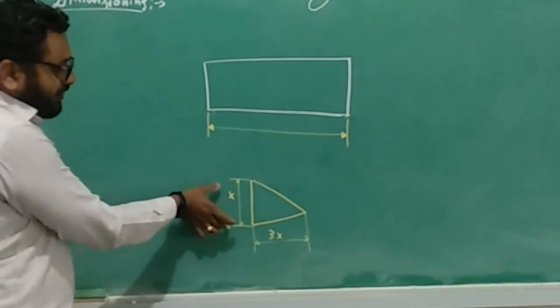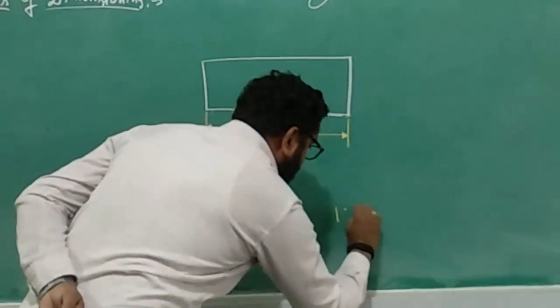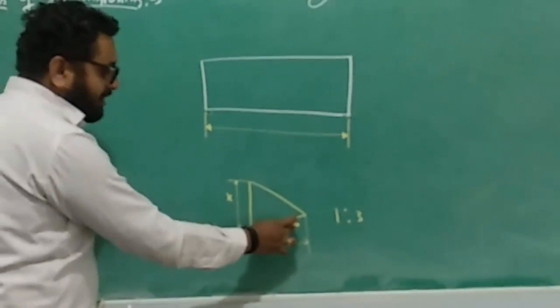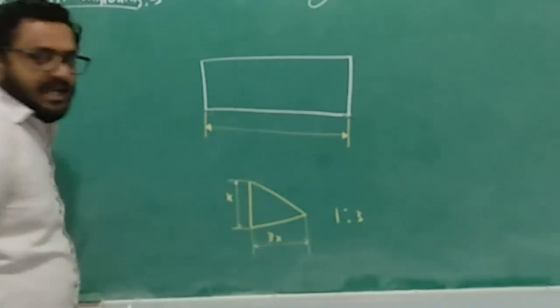The width of the arrow edge and length ratio should be 1:3. The length should always be 3 times bigger than the width. Like this, we need to follow the arrow edge.